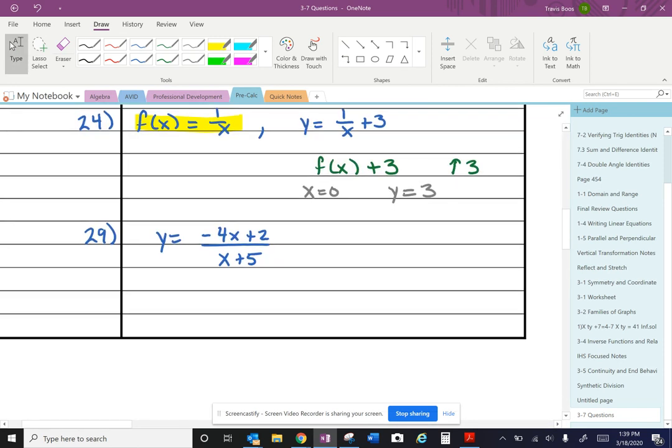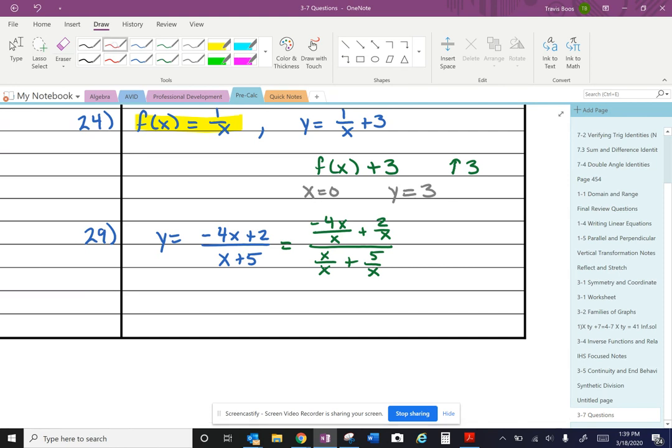29, man, this is a mean problem. I'll be honest, I really don't care too much about the transformations, but I do care that you know how to find the asymptotes. So again, we're going to use our technique where we multiply top and bottom by 1 over x. So that's negative 4x over x plus 2 over x, all over x over x plus 5 over x.